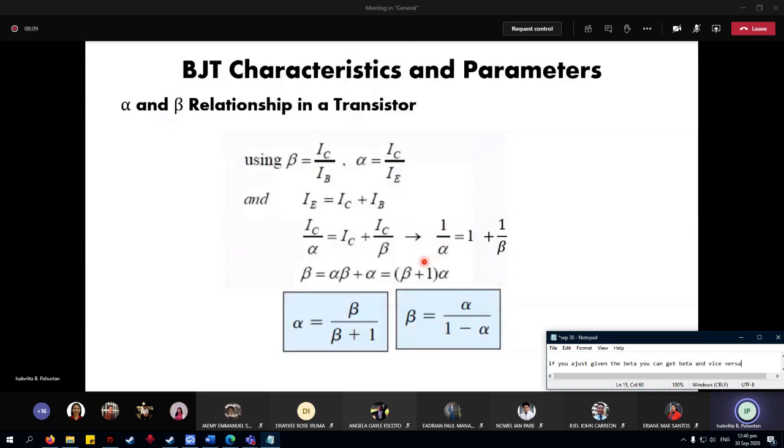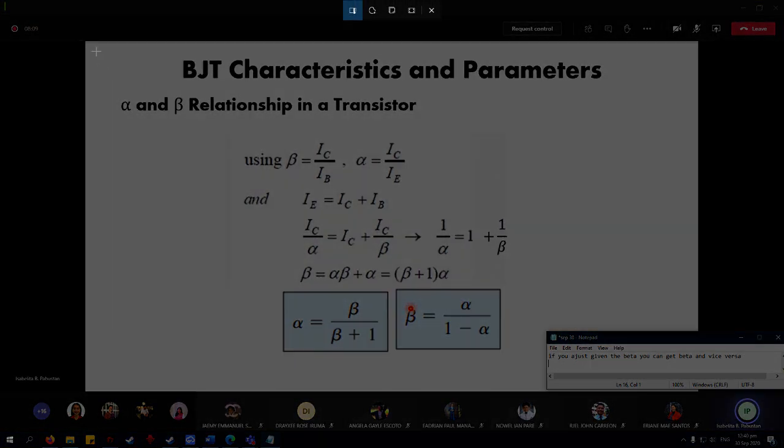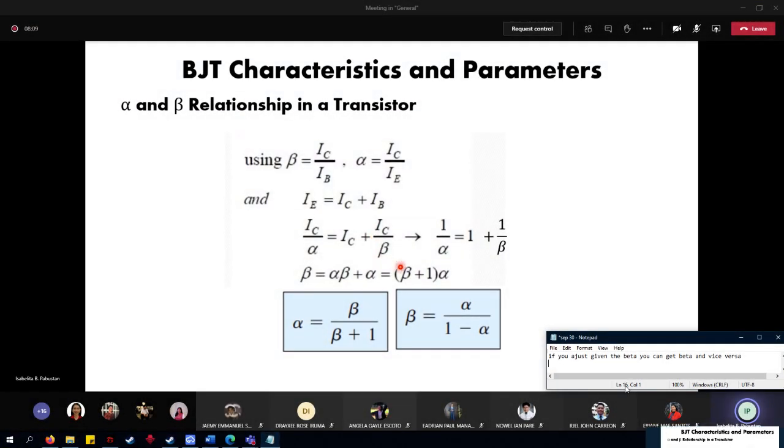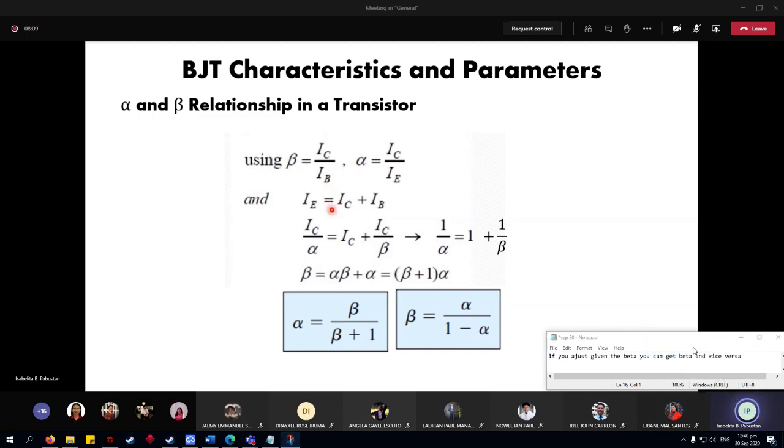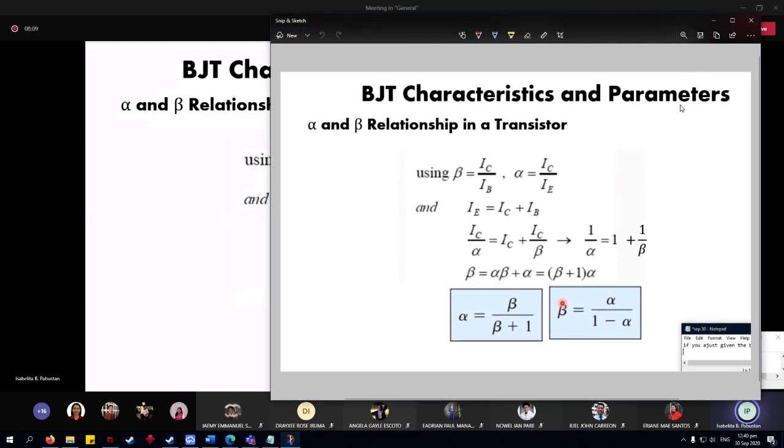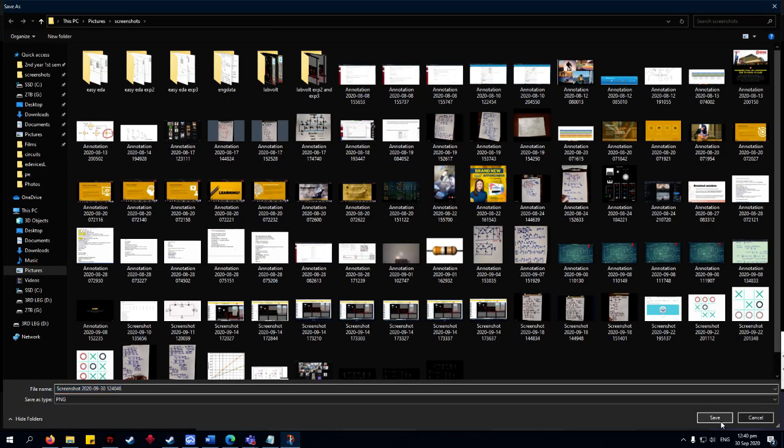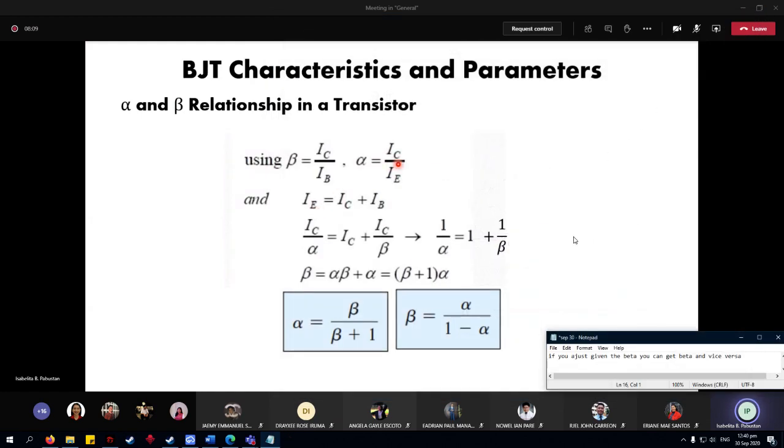Written here is the step-by-step procedure on how you are going to derive these two formulas. This is just very simple algebra. You know that your IE is equal to IC plus IB. You simply substitute this.